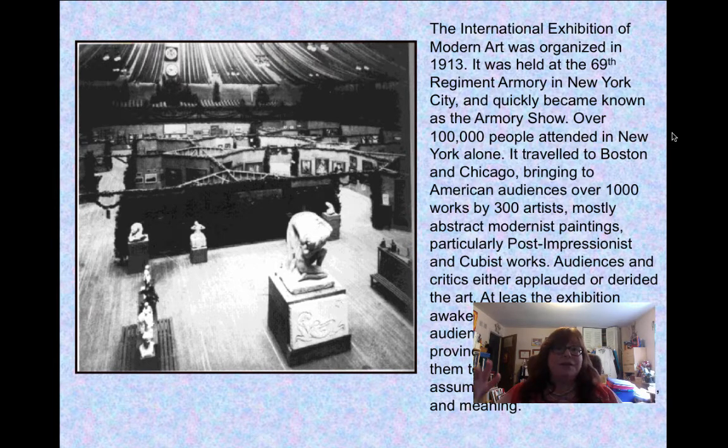This was assembled in 1913, and it had 1,000 artworks by over 300 artists, many of whom were European, and this was very contemporary work, very abstract, a lot of it cubist, very modernist, and America was not quite ready for this. So the audiences and the critics either thought it was awesome or made fun of it.